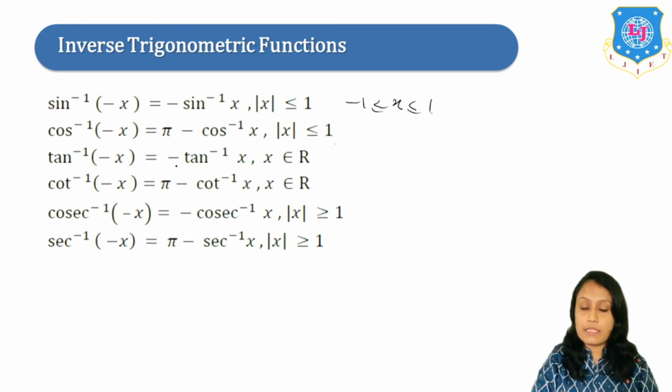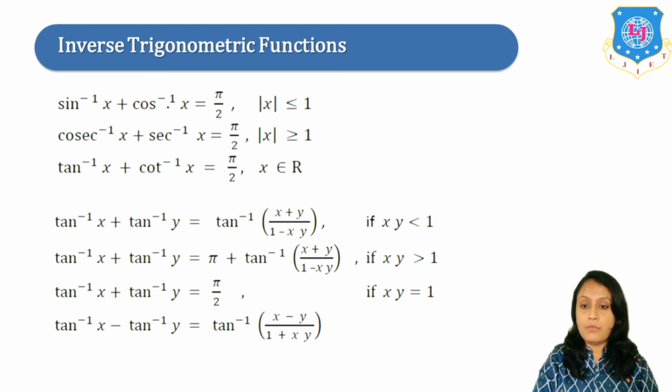Tan inverse of minus x is equal to minus tan inverse x, where x belongs to R. Cot inverse of minus x is pi minus cot inverse x, provided x belongs to R. And cosec inverse of minus x is minus cosec inverse x with the condition mod x greater than or equal to 1, and sec inverse of minus x is pi minus sec inverse x with the condition mod x greater than or equal to 1. So we have to remember all this.